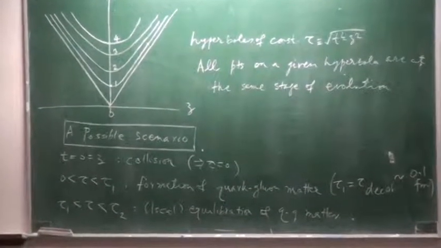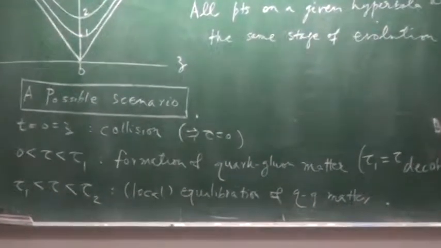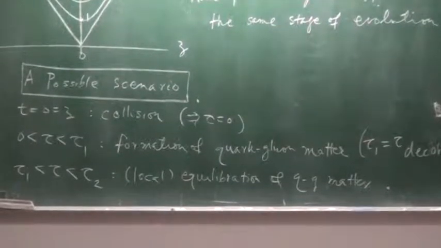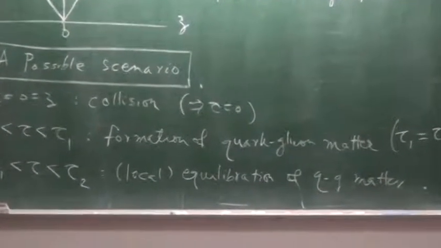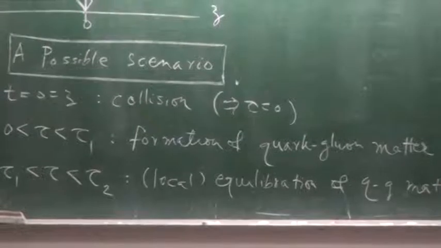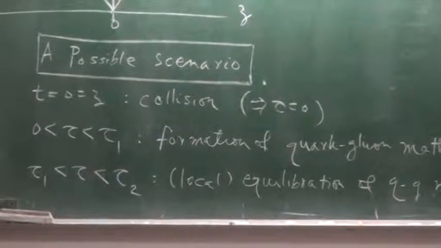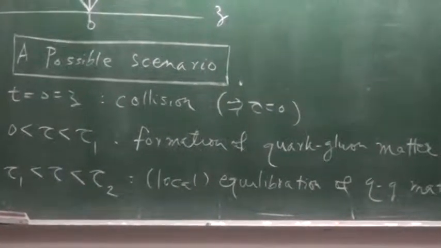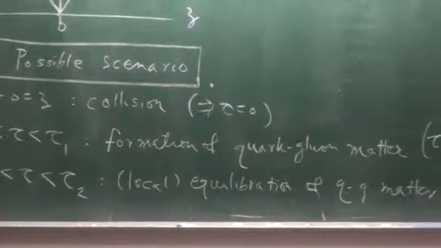Tau 1 to tau 2, local equilibration of gluon matter happens during that time interval.